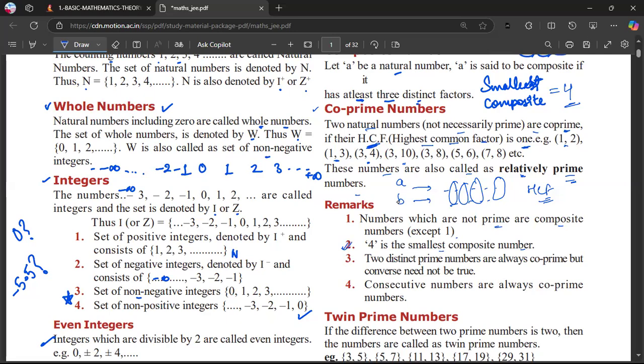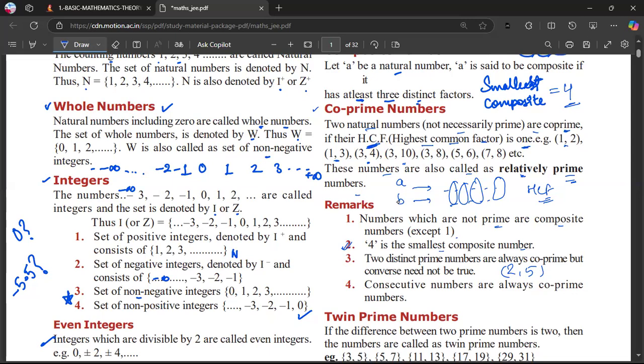Anyway, two distinct prime numbers are always co-prime, but the converse need not be true. Two distinct prime numbers, let's say 2 and 5, are always co-prime because they are prime with respect to the whole set of natural numbers, so compared to each other also, they are going to be co-prime.